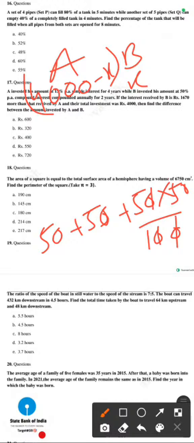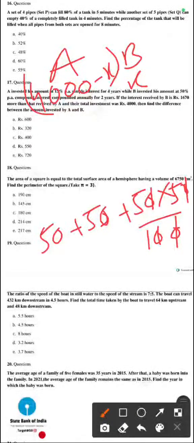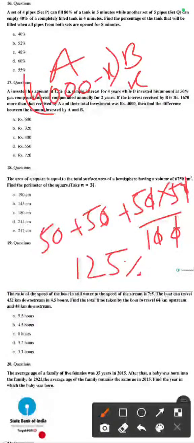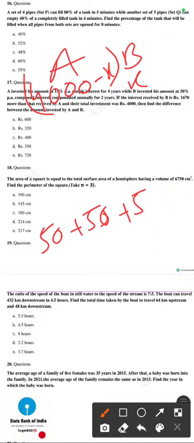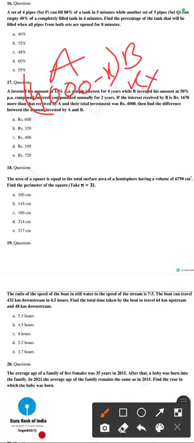So 0 0 cancel, 5 5 times 25 and 100, 125 is the total percentage B gets. So B gets 125% as the total interest for investing X rupees. So B gets 125%, which means 5 by 4 X.